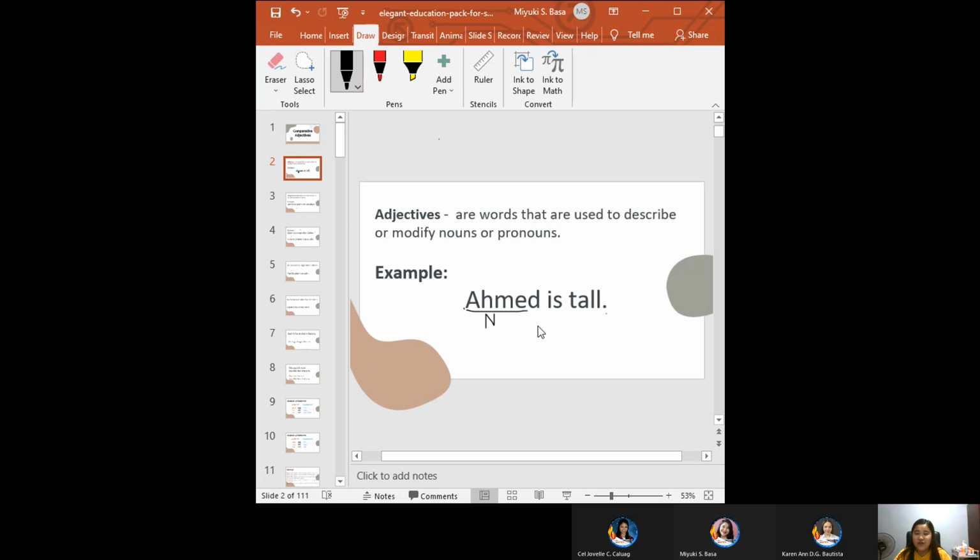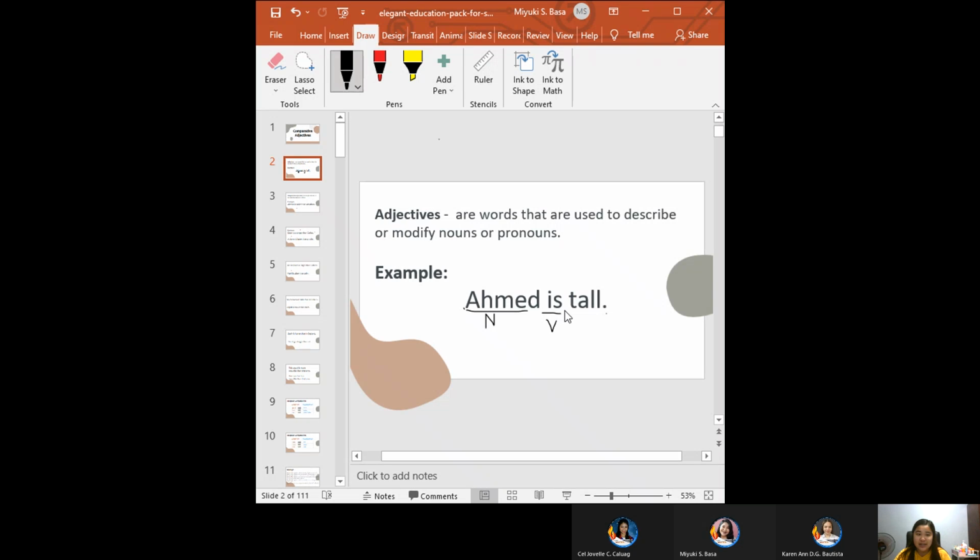Now, what is the verb in the sentence? Ma'am, the verb in the sentence is the word is. Okay, correct. Is the verb in the sentence. Last, what is the adjective in the sentence?